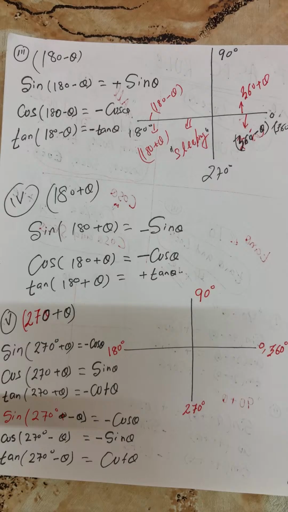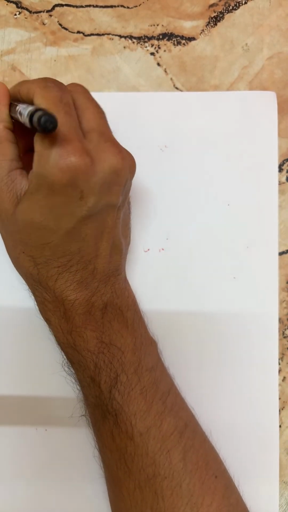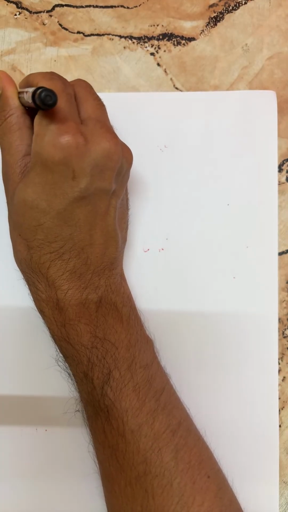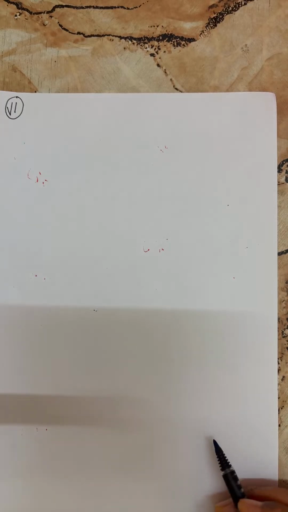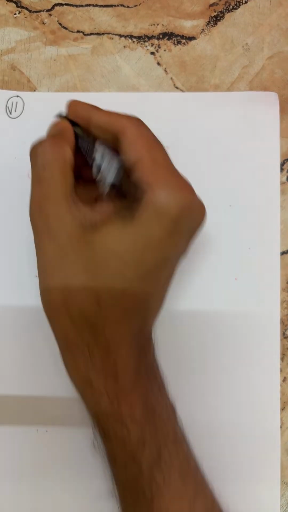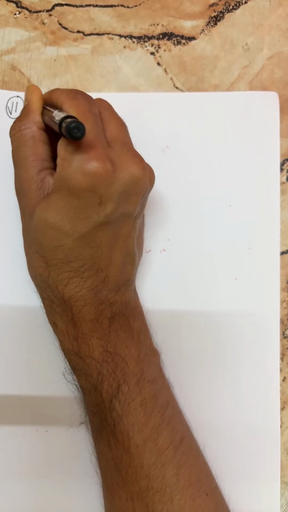One more point for the quadrant. This is the last one for the quadrant. This is the sixth one: 360 minus theta.